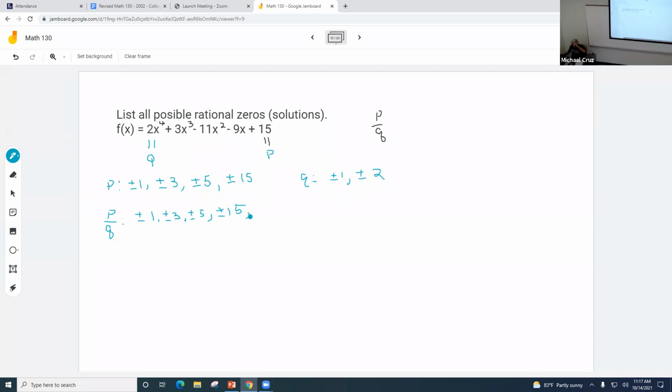All right, but we've got a few more now, because now we have to put the 1 over the 2. So it's plus or minus 1 over 2, so plus or minus 1/2. Then we can do the same thing with the 3. And then the same thing with the 5, which is going to be 5/2.